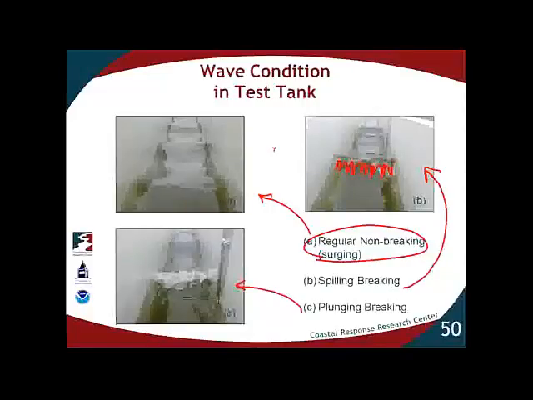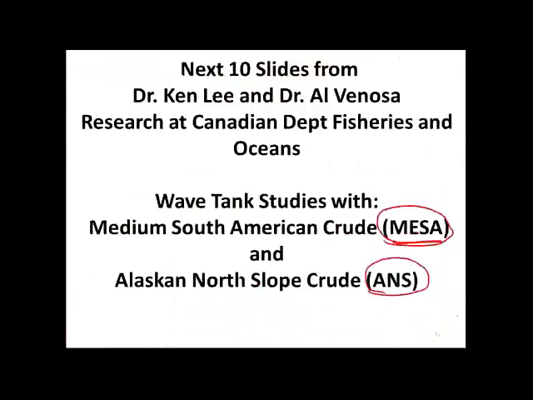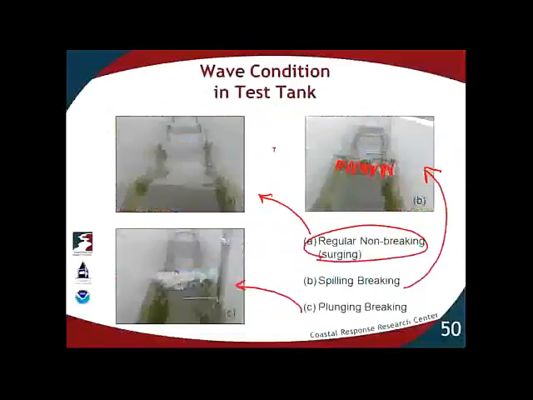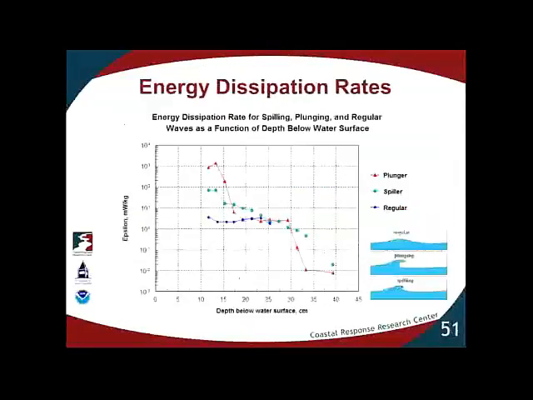And again, going back to our picture, the regular wave, the plunging wave actually crashes over, and the spilling wave, the water kind of rolls down the front of itself. Okay? Everybody okay on the 3 types of waves? Mm-hmm. All right.